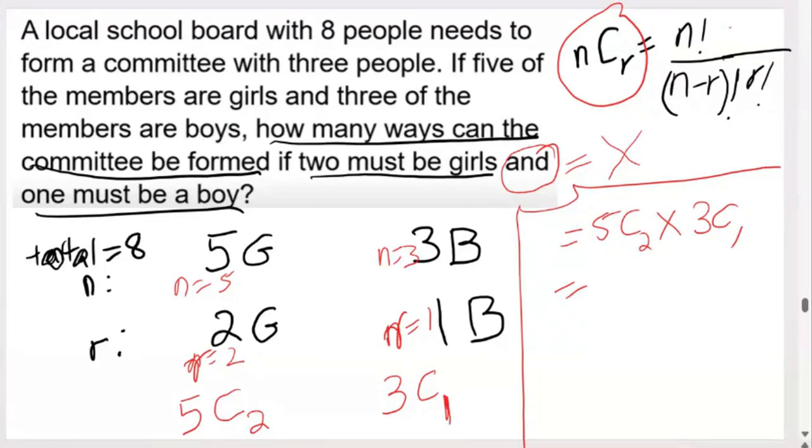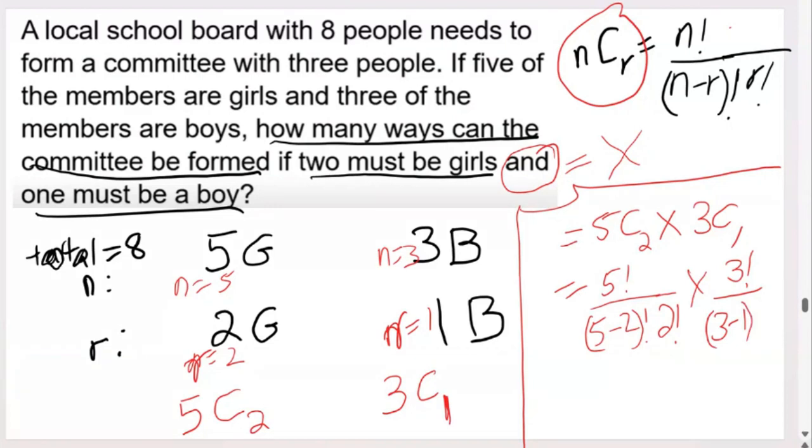So with this part, you are going to be having 5 factorial divided by 5 minus 2 factorial, and then your r is 2 factorial, multiplied by 3 factorial divided by 3 minus 1 factorial multiplied by 1 factorial.